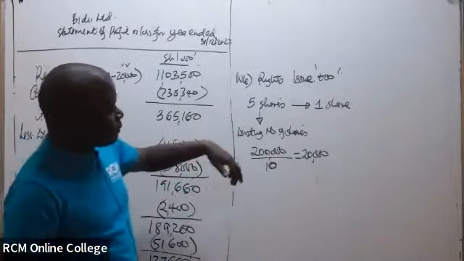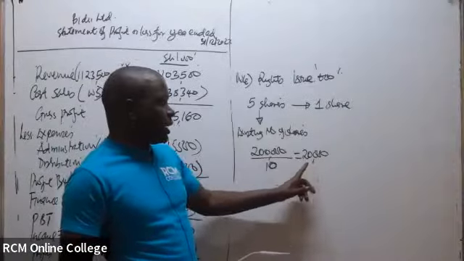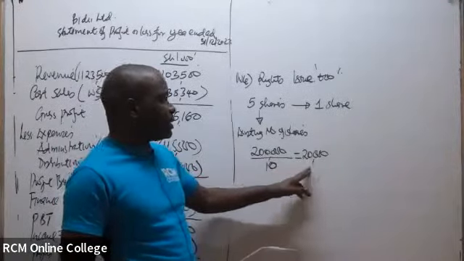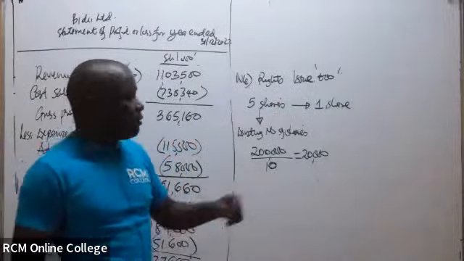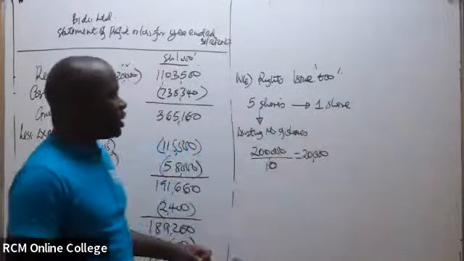So it means they had 20 million shares currently, but for every 5 of these, you are getting one share.